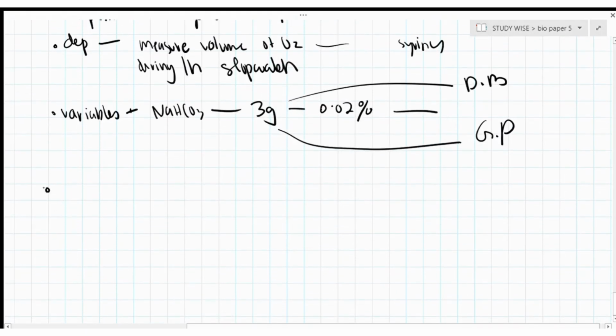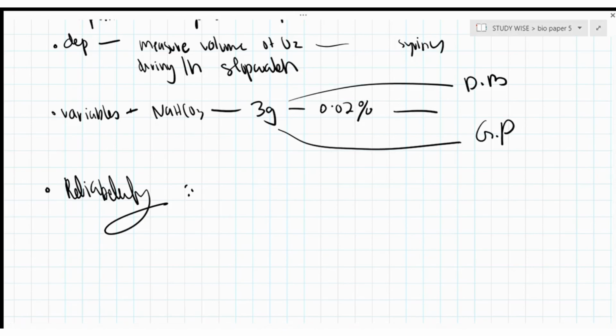And then you need to say the reliability. Basically, that's the replicates. For example, I'm going to replicate the experiment 7 times, I'll exclude the anomalous results, and I'll calculate the mean of the dependent variable. You need to say that because it comes with 2 marks, which is very, very important. For example, here we're investigating the effect of changing the light intensity.